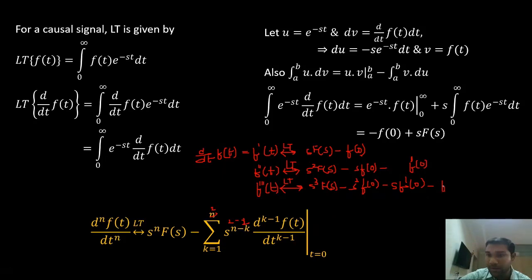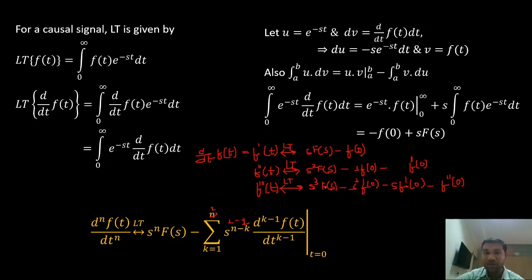Minus f double dash of 0, that is d square by dt square of f of t at t equals 0. So if you look at this, my first term is going to have f of s and its coefficient is going to be whatever the power of the differentiation term I have, the same power I'm going to raise s to.